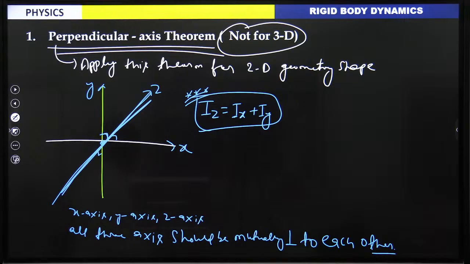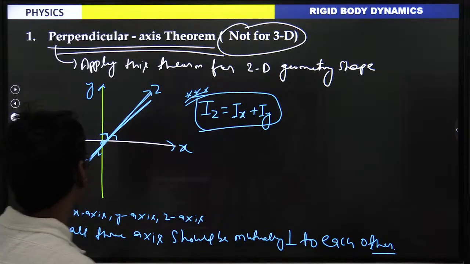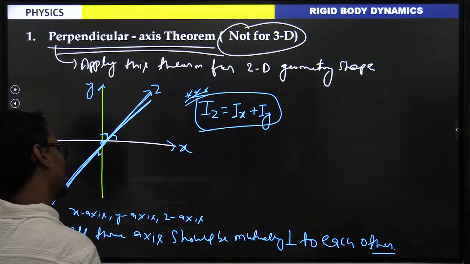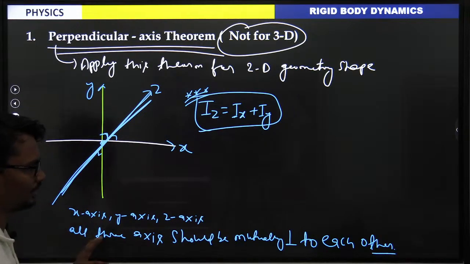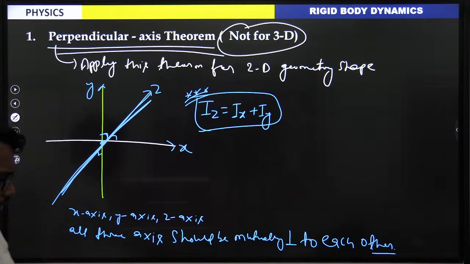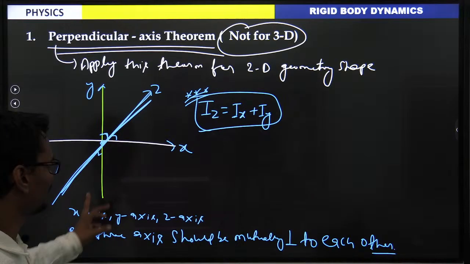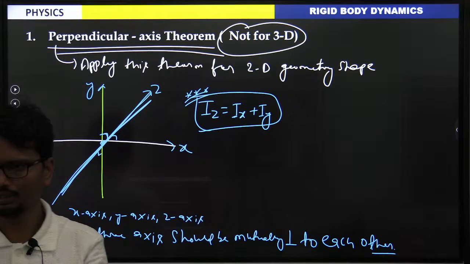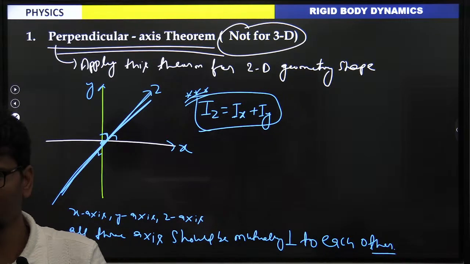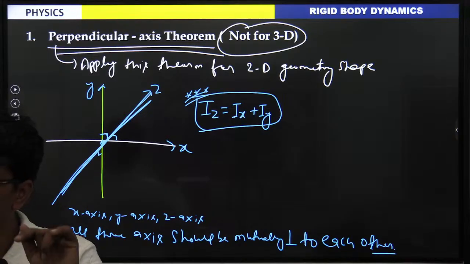Now, I will take one example to help you understand this theorem, but the important thing is that this theorem is applied to a 2D object, and in this case three axes are required: two axes along the 2D plane and the third axis perpendicular to the 2D plane.